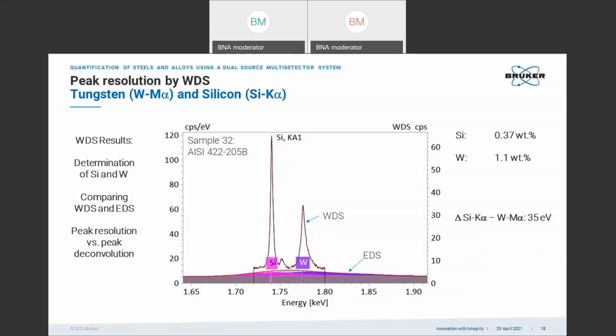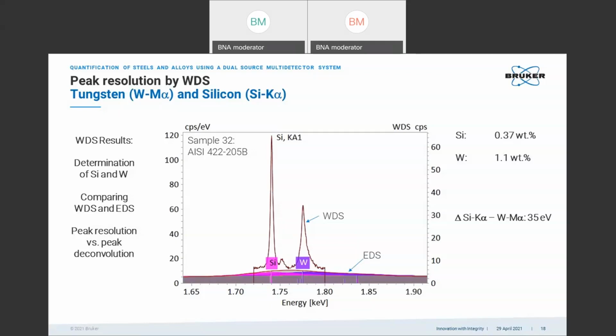Keep in mind that an EDS has a resolution at this energy range of about 70 electron volts, whereas the WDS has a resolution of 3.5 electron volts, so a factor of 20. So clearly the WDS can better resolve these two peaks, silicon and tungsten.